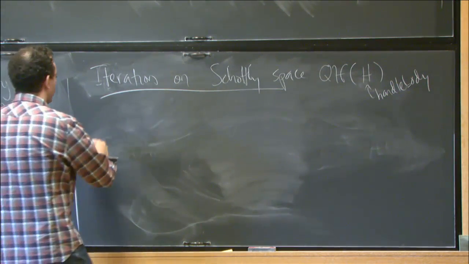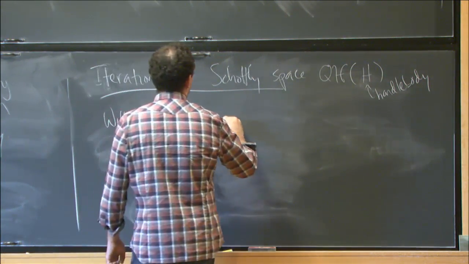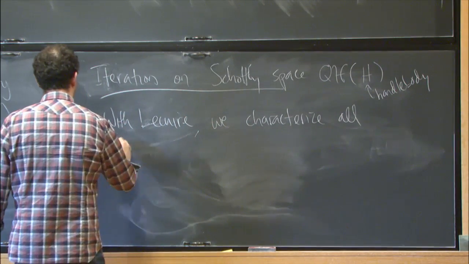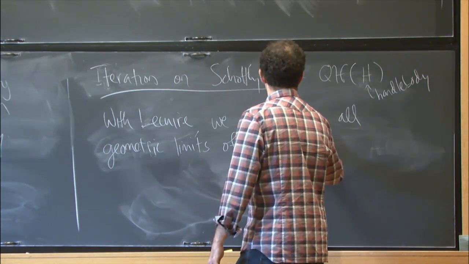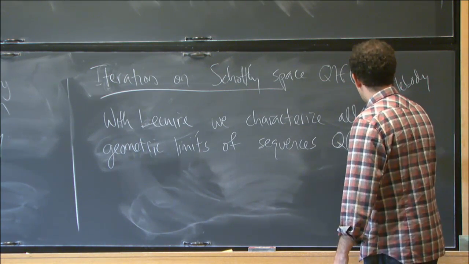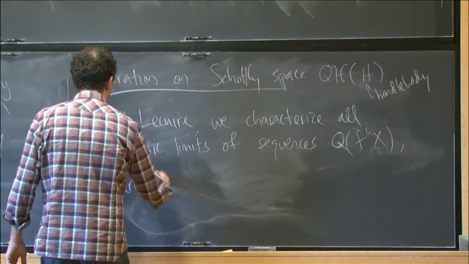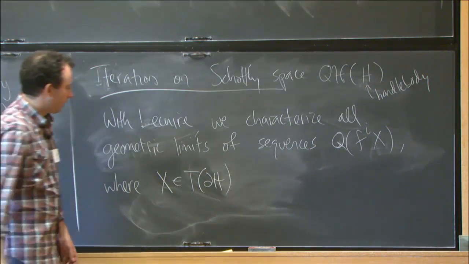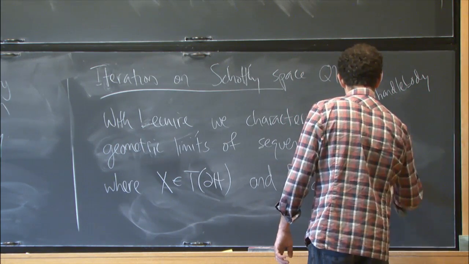So with Cyril Lequire, what we do is we characterize all geometric limits of sequences Q of f to the i of x, where x is a point in the Teichmuller space of the boundary of our handle body H, and f is a homeomorphism of the boundary.